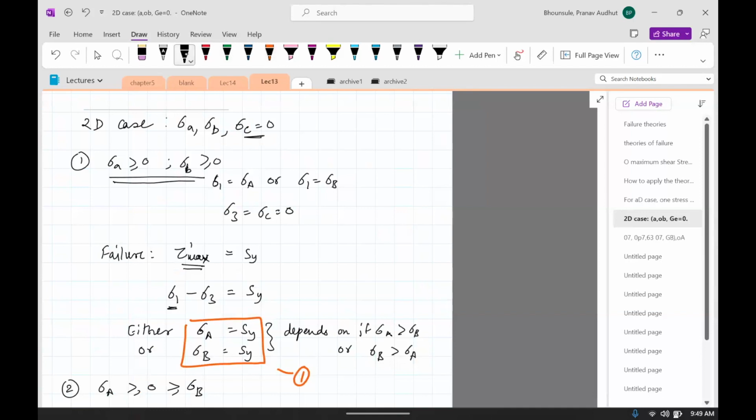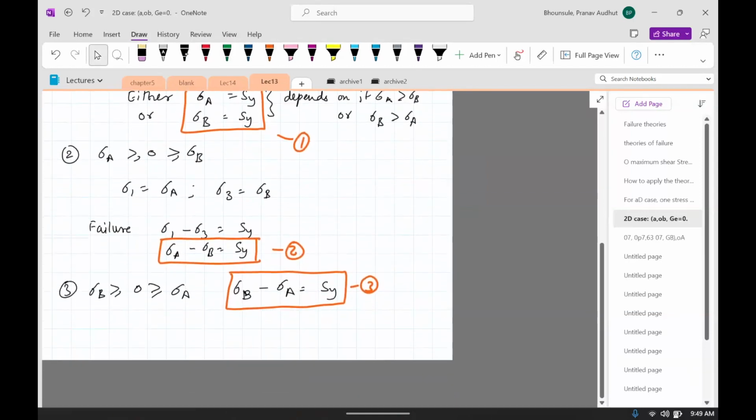So for 2, we have this equation, sigma A minus sigma B equals Sy. If you remember the equation for a straight line, x divided by a plus y divided by b equals 1, this is basically the equation of a straight line such that it passes through a and b on the x and y axis.